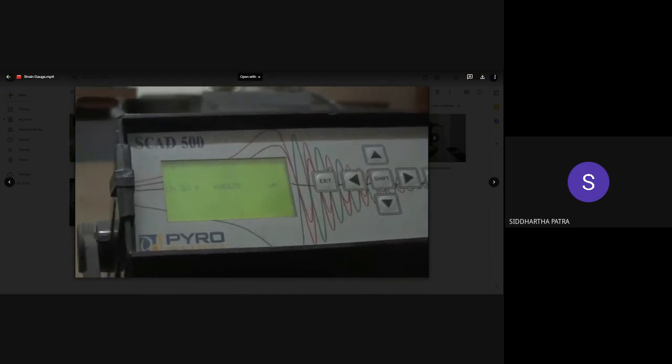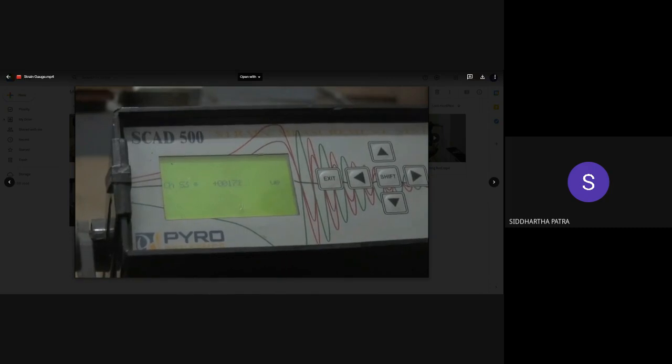Now the loading is total 7 pound at each loading point.